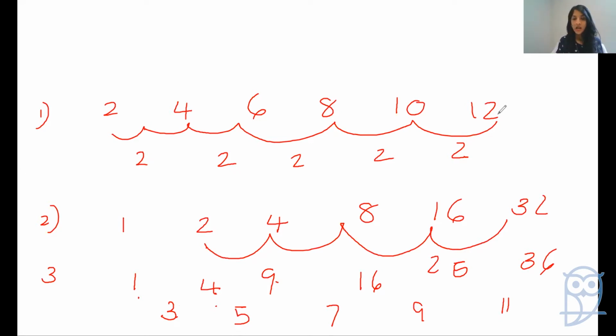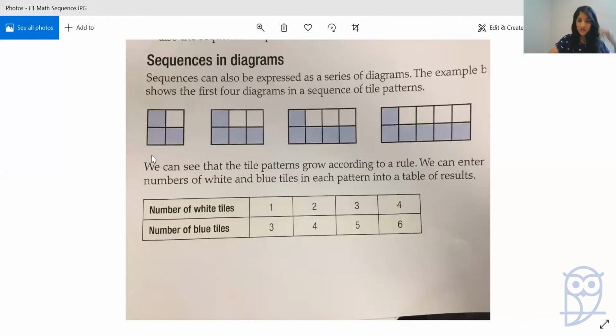So in the same way that we do sequencing with numbers, we can do sequencing with diagrams. So I want to share my diagram board with you. I want you guys to look at this. This sequence can also be expressed as a series of diagrams.